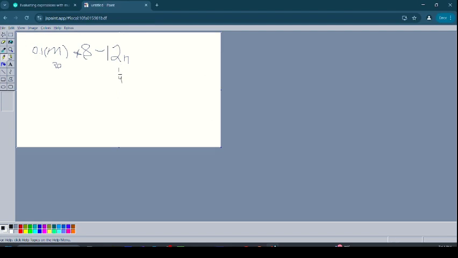Okay, so let's substitute, we know our values, so m equals 30 and n equals 1/4. So let's put those in real quick and figure it out. And 1/4. Okay, so an easy way to solve this, if you are not familiar with decimals, which I may make a video on in the future.